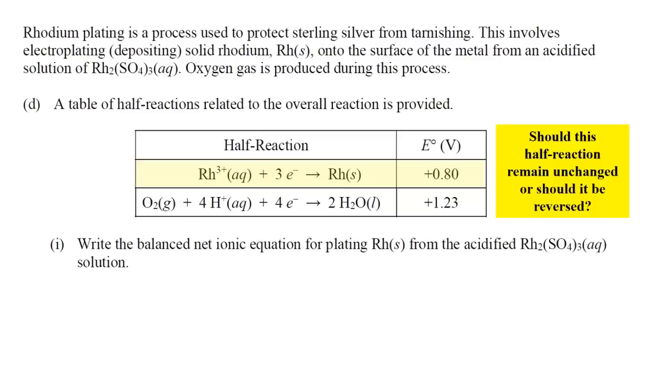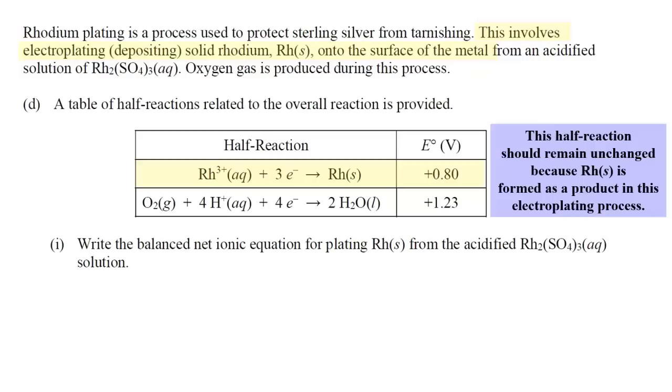I'll now read the details of this electroplating experiment. It says, this involves electroplating or depositing solid rhodium onto the surface of the metal. So we need rhodium solid to appear as a product in this net ionic equation. So I've now answered my question about whether this half reaction should remain unchanged or be reversed.